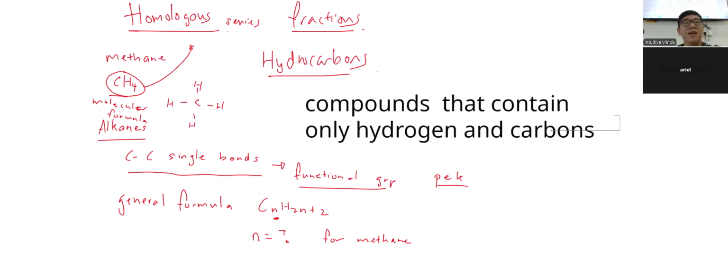You look at methane, how many carbon atoms are there? Carbon atom, one. So n will be equal to what? 1. And then H will be 4. Yeah, if you sub n equals 1 here, then you get 4. So you get CH4.